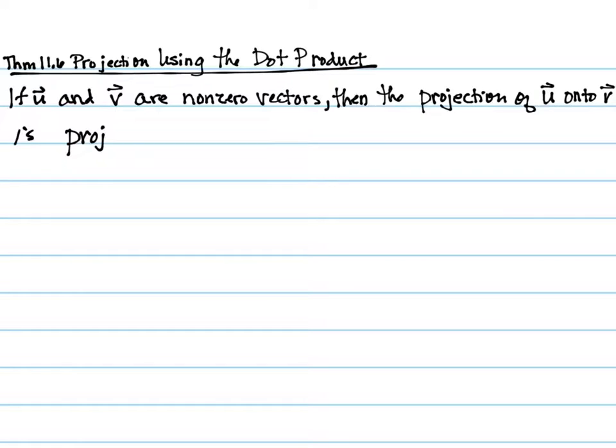Projection notation says projection of U along V, like that. And it's equal to the dot product of U and V, or U dot V, divided by the magnitude of V squared. And this will be a scalar that gets multiplied by the vector V. I'm really trying my best not to put dots for multiplication right now because we're using dots in a very unique way. Normally I put dots for multiplication all the time.